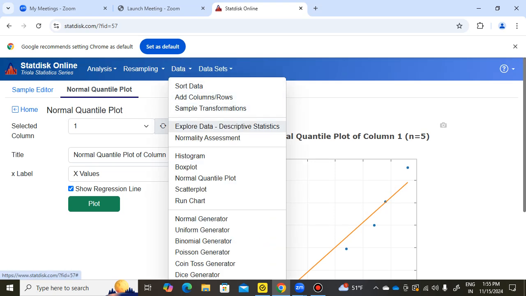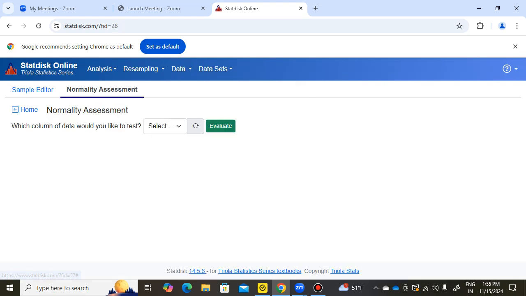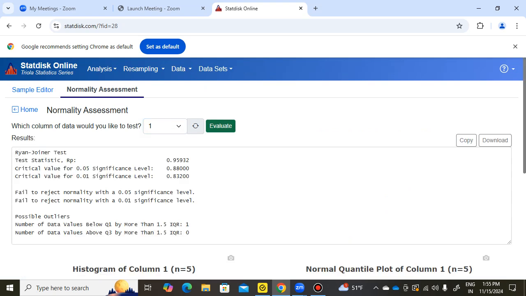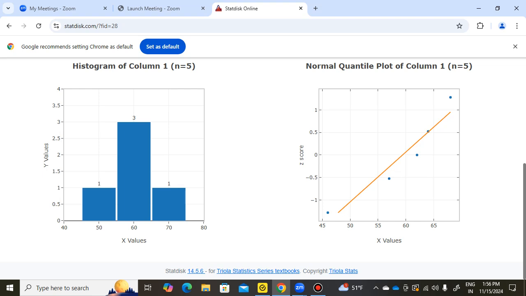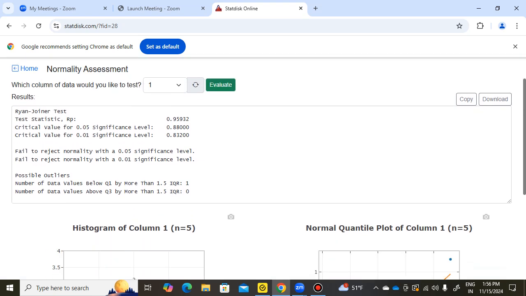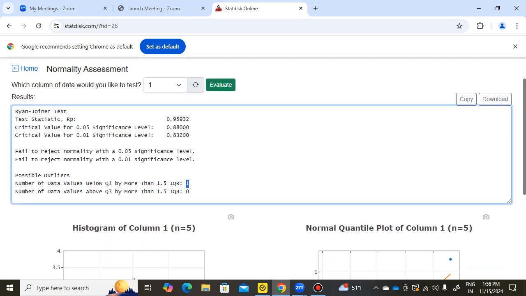The third way, the way I suggest, is what's called a normality assessment. So we click on that and select the column, because it provides a lot of useful information for determining normal distribution. One, it provides a histogram, so we can see this is, for the most part, a bell curve. It provides the normal quartile plot, which is close to a straight line. It provides the number of possible outliers: one of them is below, on the low side, and 0 above.